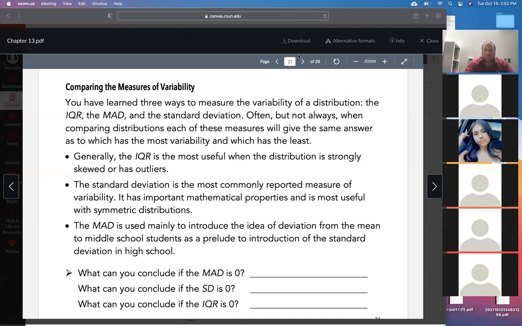The MAD is the sum of the absolute value of the deviations divided by n. If a sum of positive numbers, or at least non-negative numbers, is 0, what can you tell me about each one of those numbers?